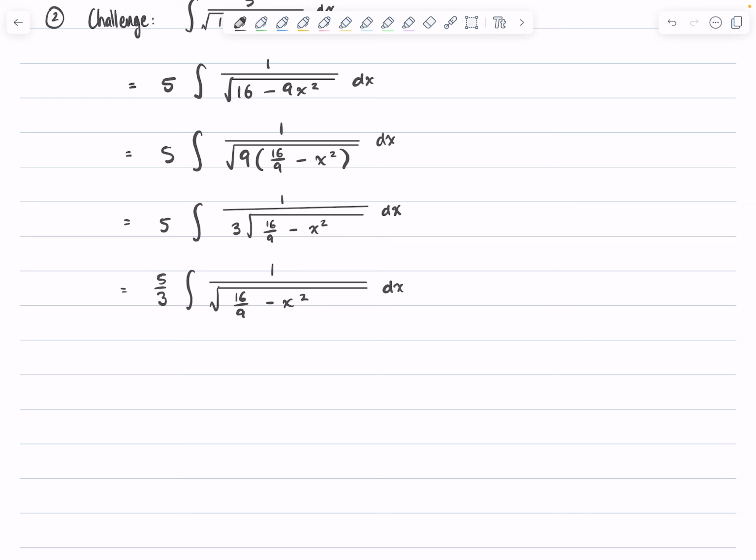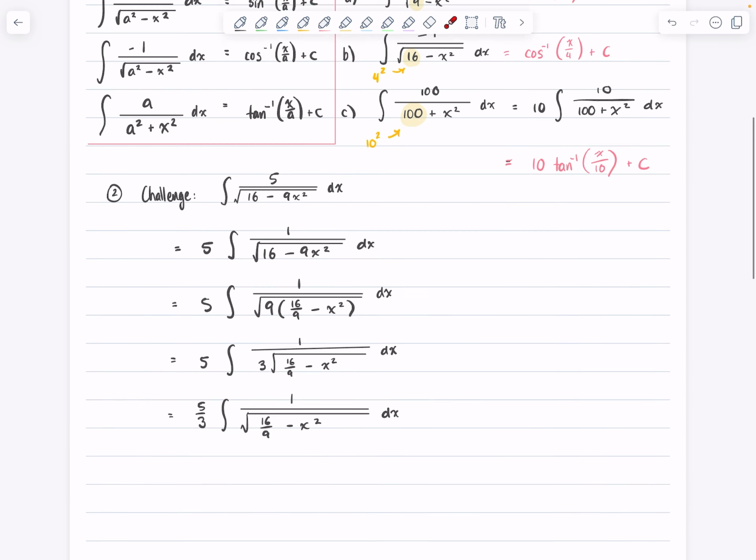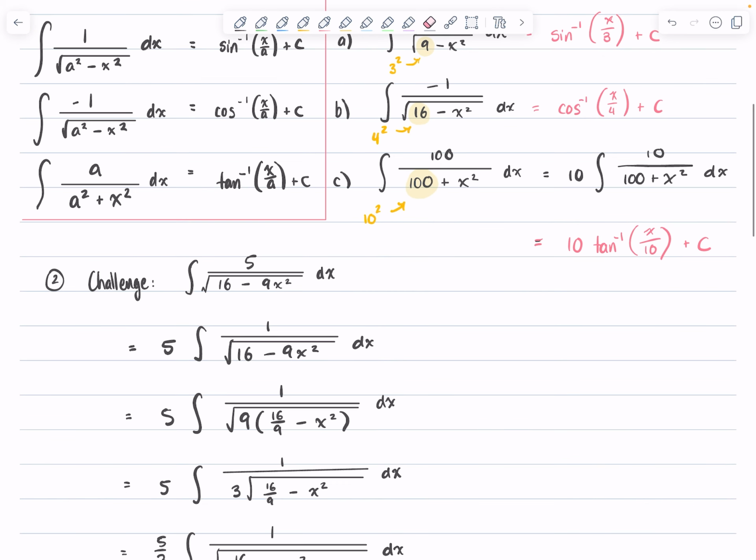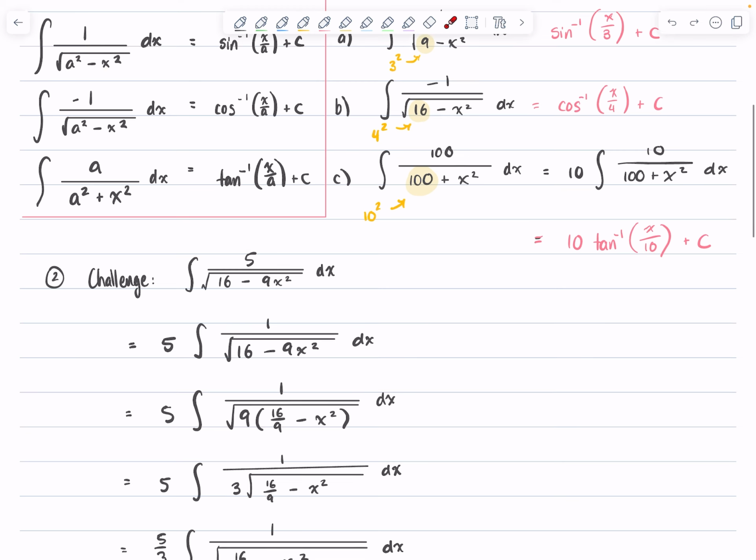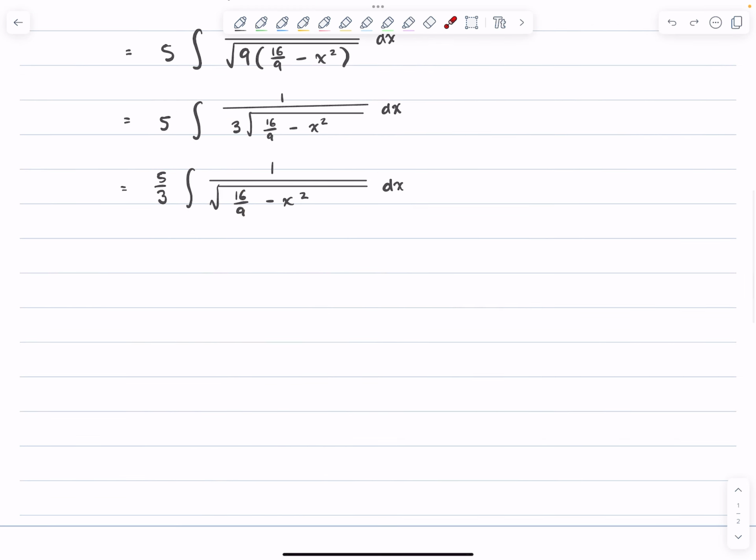And finally, the last thing I need to recognize is that in my rule, similar to how I just had x squared, I've also got a squared. So I need to represent 16 over 9 as something squared. So essentially you just take the square root of 16 on 9, but within your square root. So it's going to stay in the square root, but get square rooted.